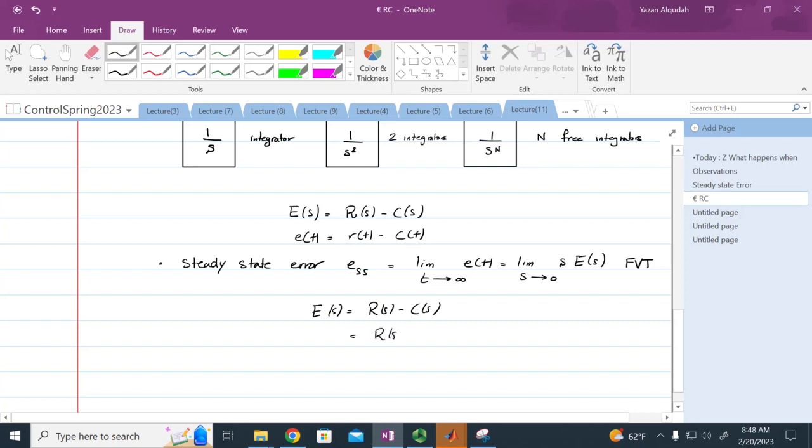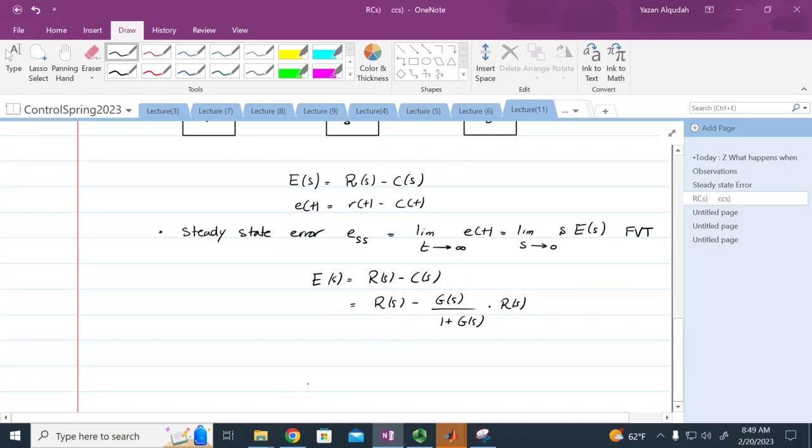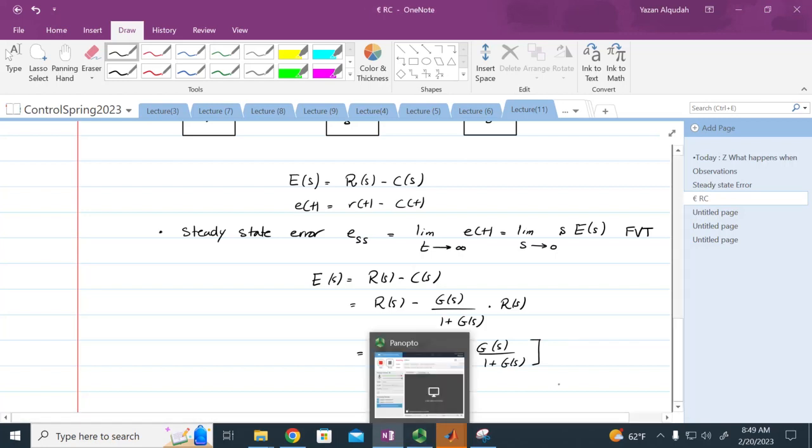Therefore, it's equal to R of s minus G of s divided by 1 plus G of s multiplied by R of s, which is equal to R of s multiplied by 1 minus G of s divided by 1 plus G of s.